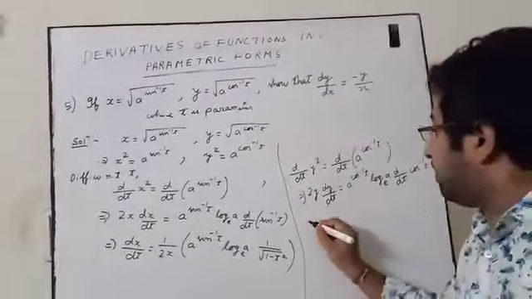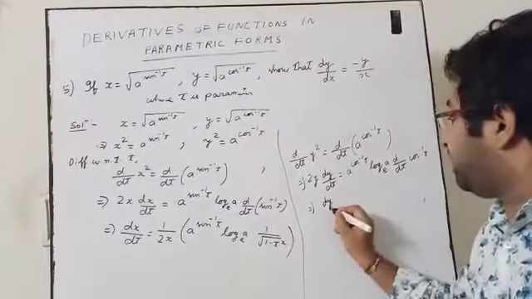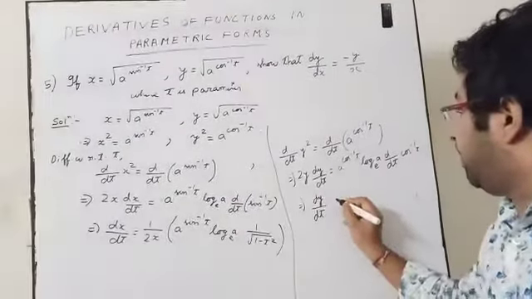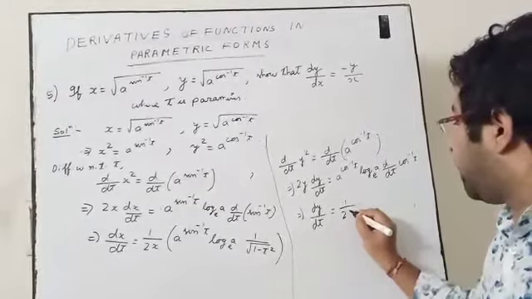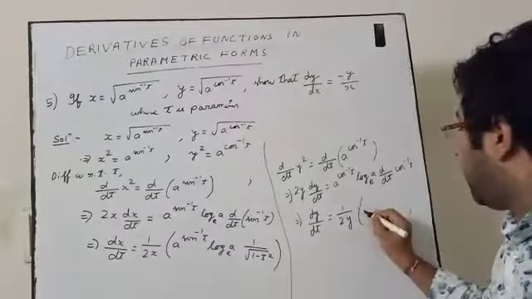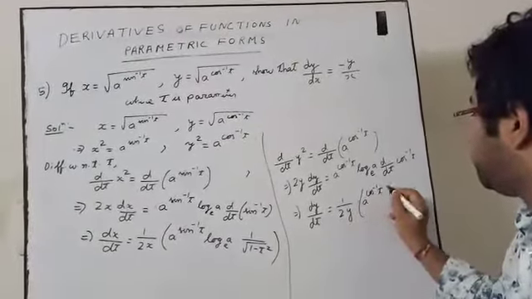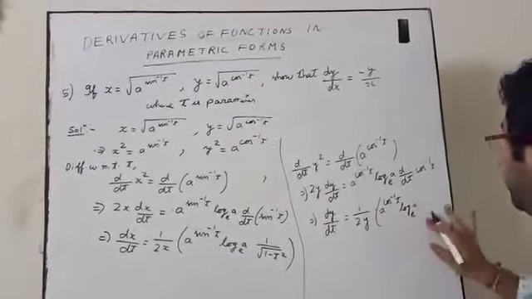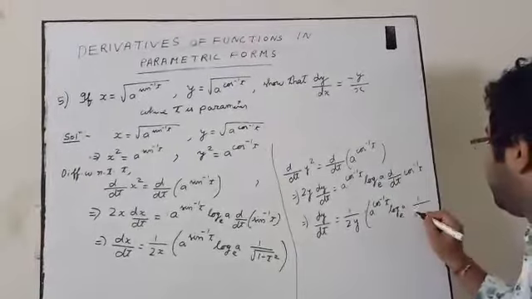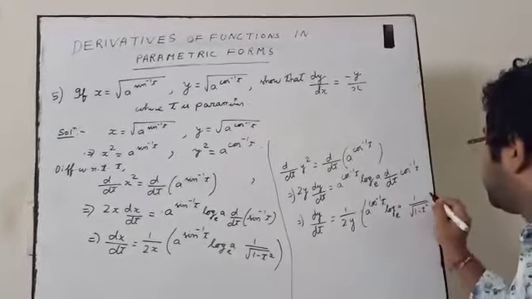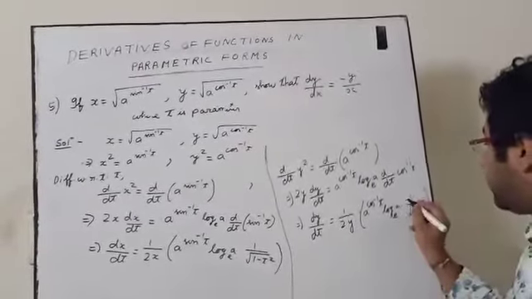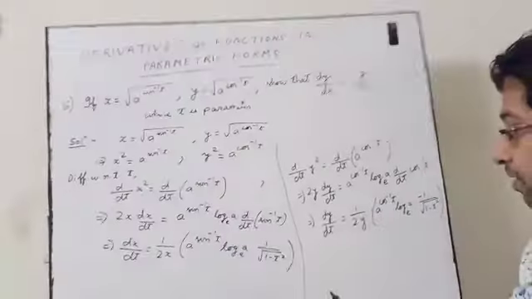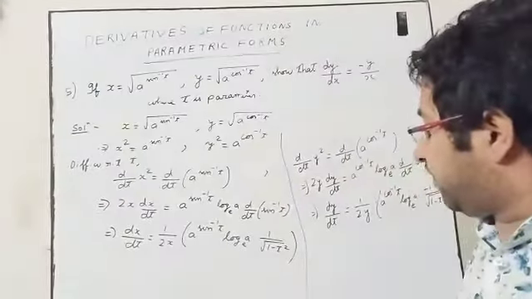So dy by dt will be 1 by twice y into a to the power cos inverse t log a, and d/dt of cos inverse t is 1 by root over 1 minus t square. Sorry, a minus sign will come.